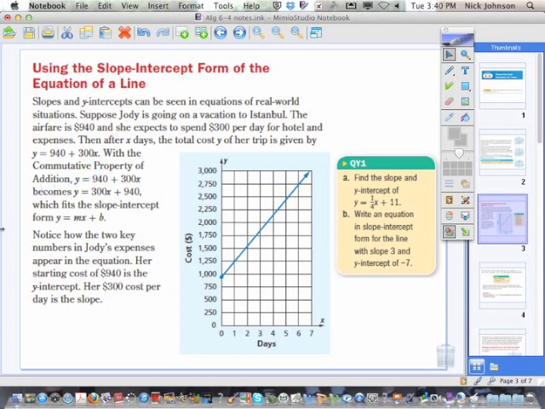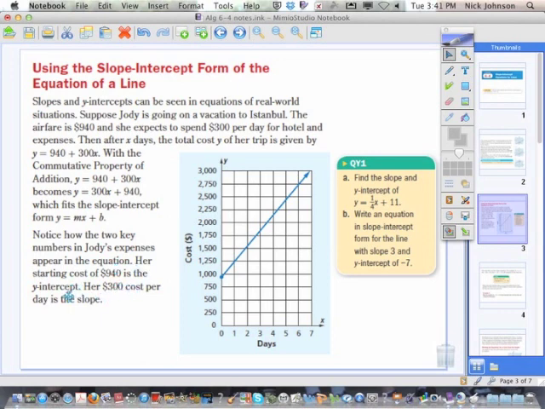Okay? In order to graph this, we know we're starting at 940. So here's my y-intercept, (0, 940). And then my slope is we're going up $300 to the right 1. So my slope is 300 over 1. Notice how the 2 key numbers in Judy's expenses appear in the equation.